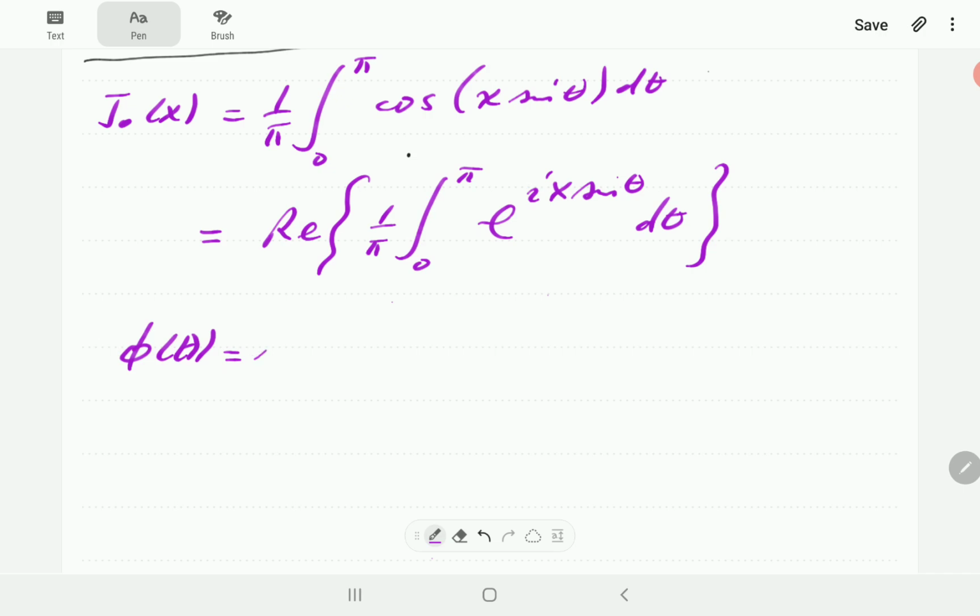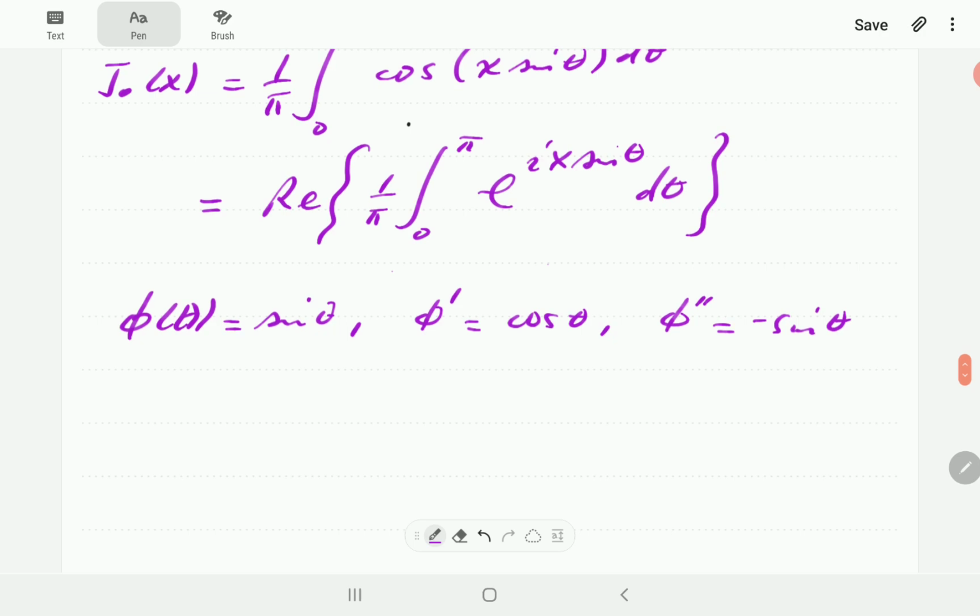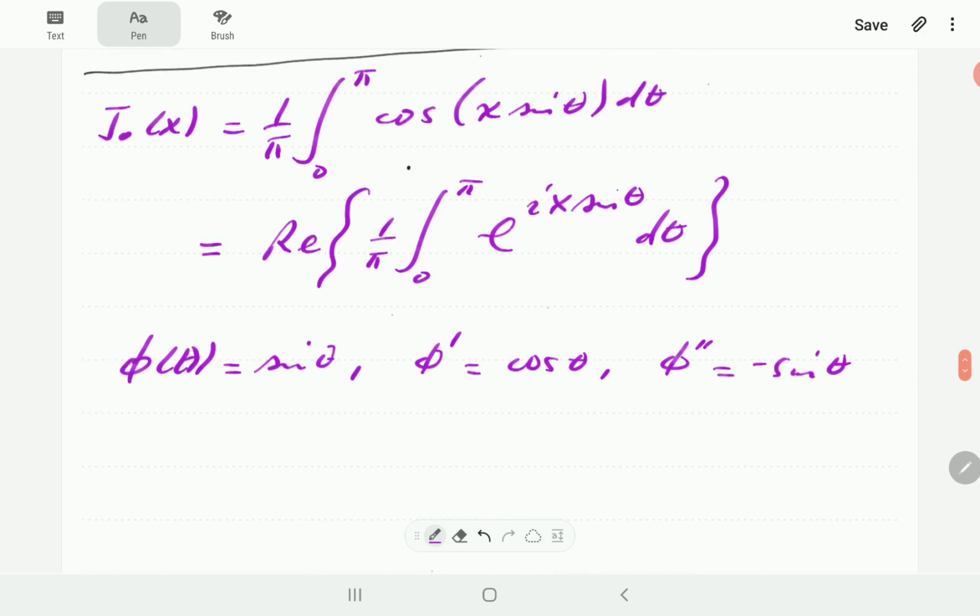Okay, so what we are going to do is we're going to write phi of theta. So phi of theta is simply going to be sine theta. The derivative of that is cosine theta, and the second order derivative is negative sine theta. Then we need to equate the first order derivative to 0 and solve.